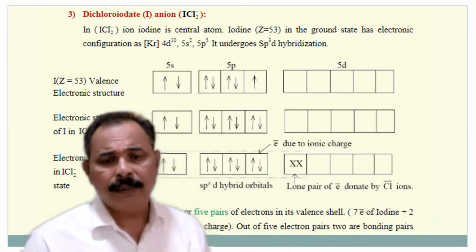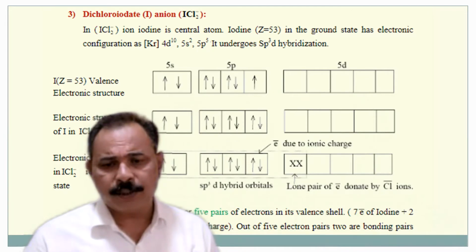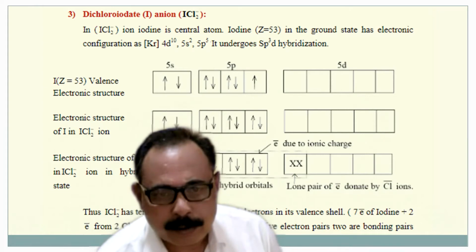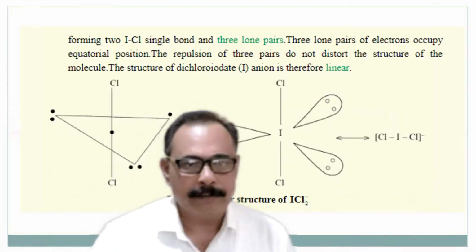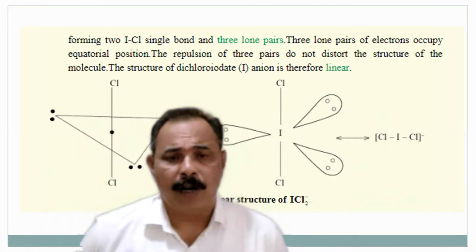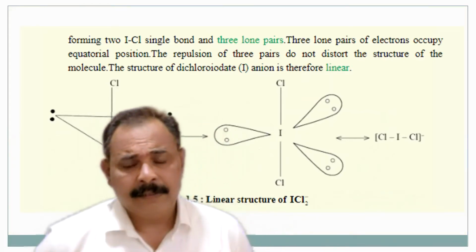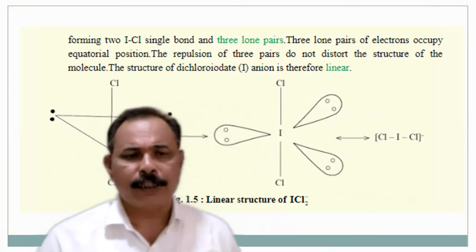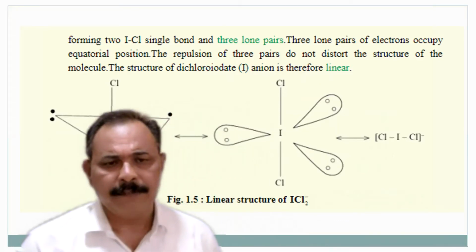Out of 5 electron pairs, 2 are bonding pairs, forming 2 I-Cl single bonds, and 3 are lone pairs. These 3 lone pairs of electrons occupy the equatorial positions.